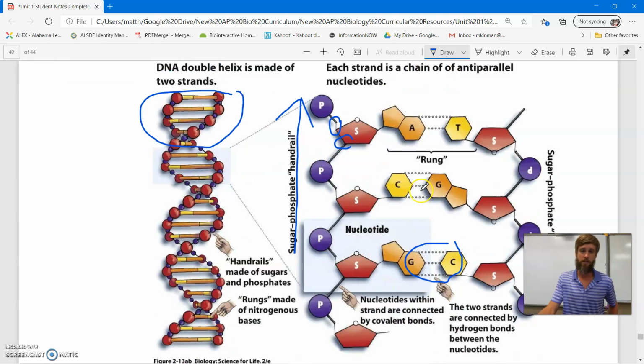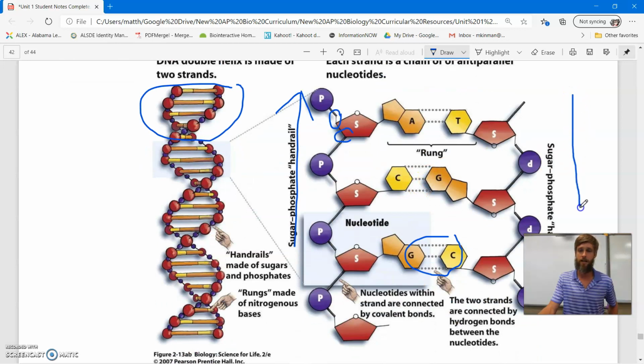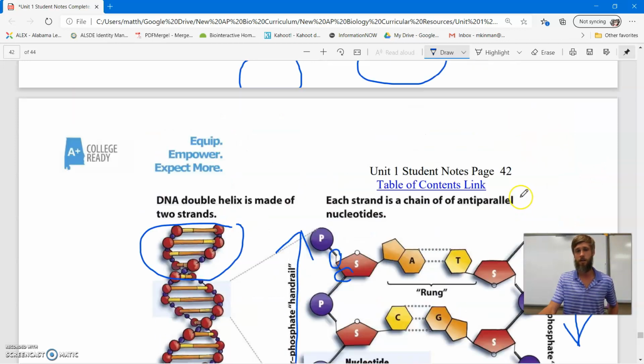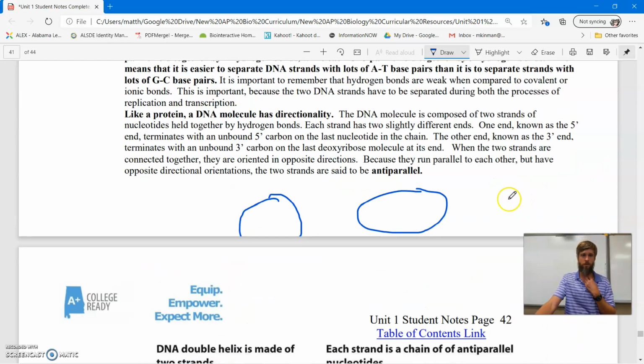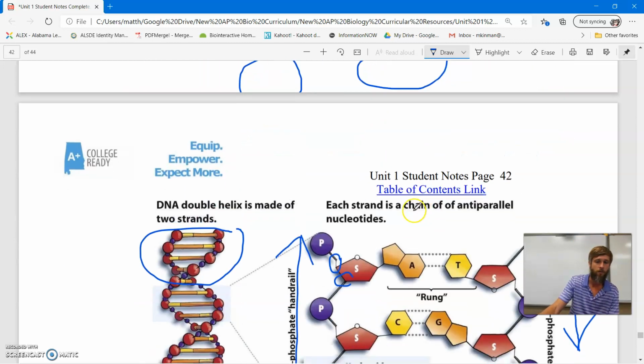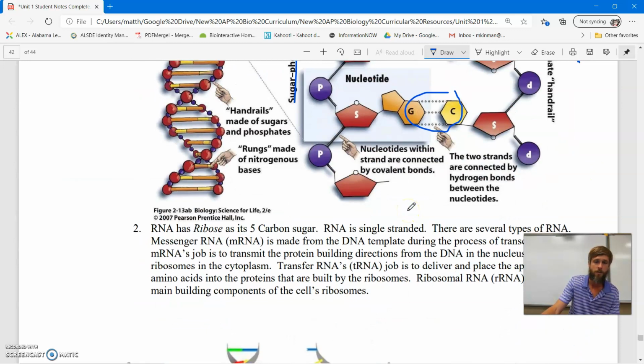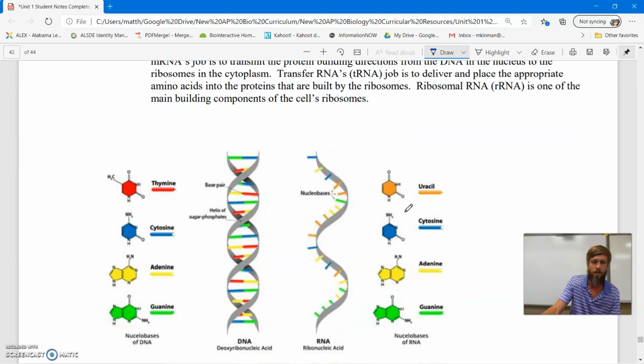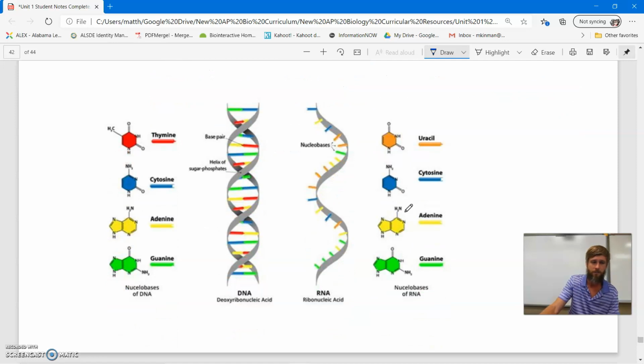That probably doesn't make a lot of sense. And then this side is anti-parallel. You notice the nucleotides are upside down. So here's our 3' and here's our 5', and this strand is oriented in that direction. All right, that's all I'm really going to get into for that. For now, understand the basic structure of DNA, understand that it's made by nucleotides, and get an understanding of the type of bonds found between each one.